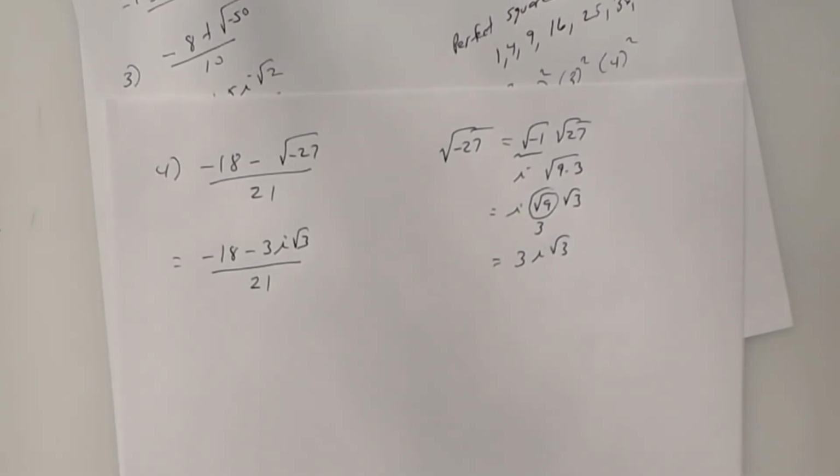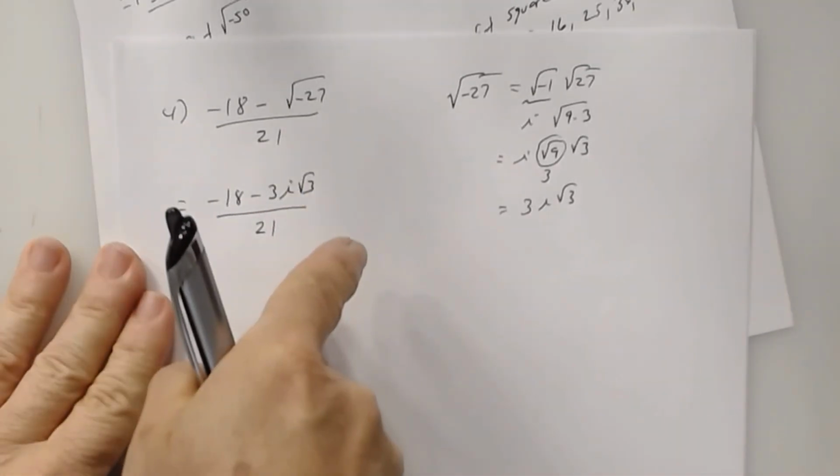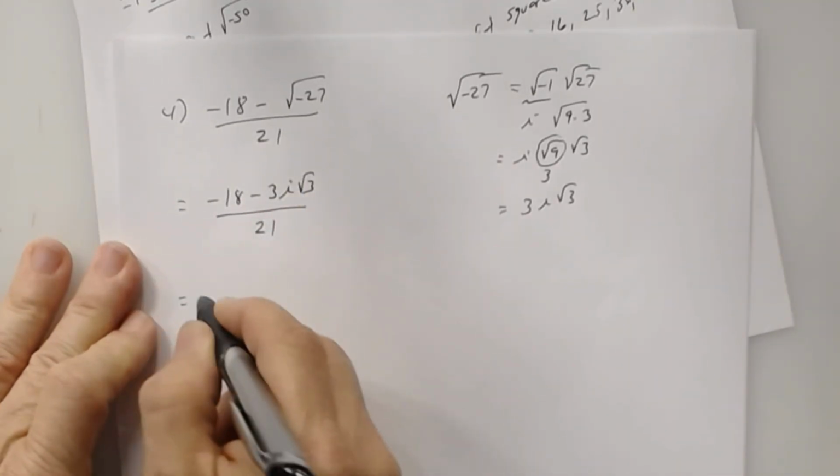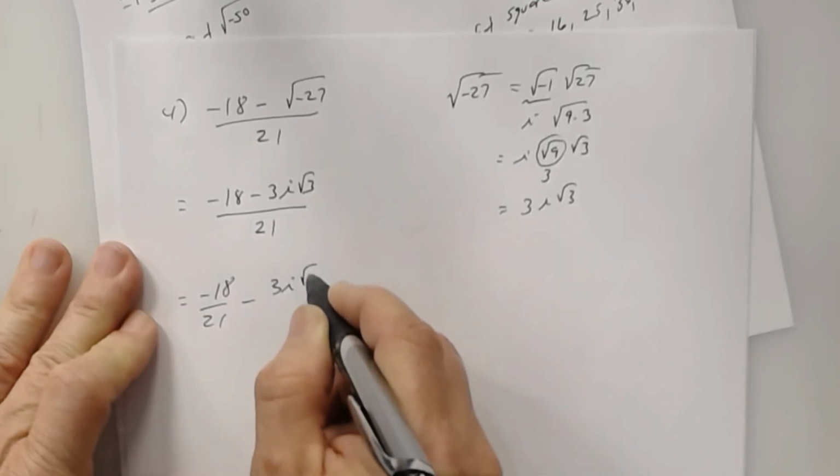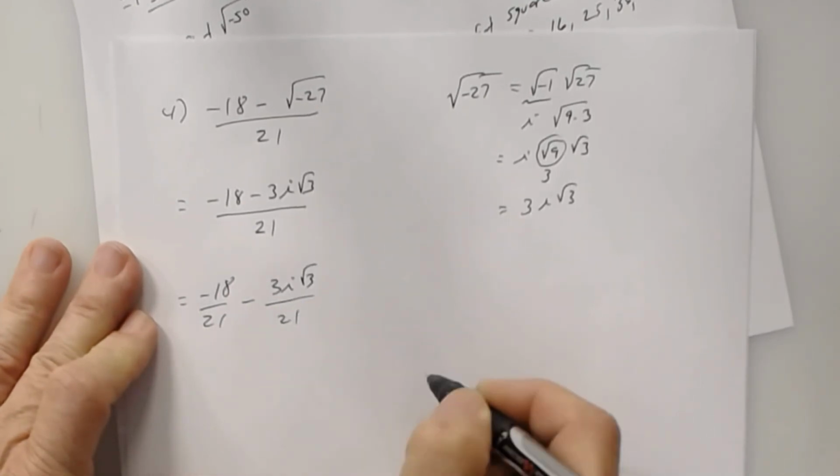Now, the directions, listen carefully to this, the directions for this part here does say write in standard form. Okay? So since it said write in standard form, you're going to write this as 2 fractions. So you're going to say negative 18 over 21 minus 3i square root of 3 over 21.